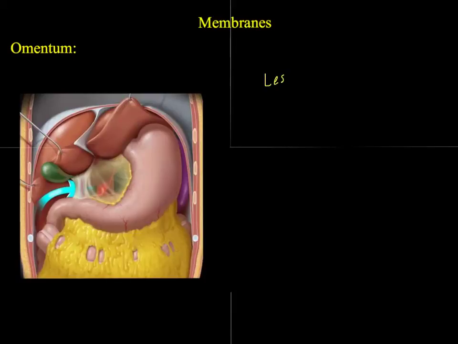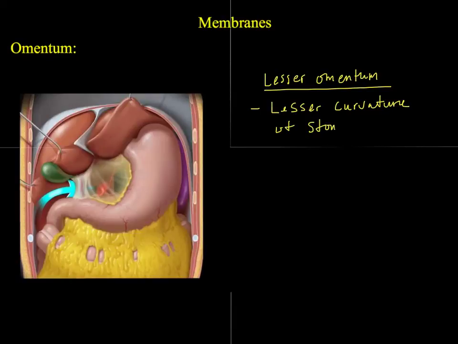The lesser omentum connects the lesser curvature of the stomach to the inferior side of the liver. So here's the lesser omentum, and you can see that the lesser omentum attaches the lesser curvature of the stomach to the inferior side of the liver.